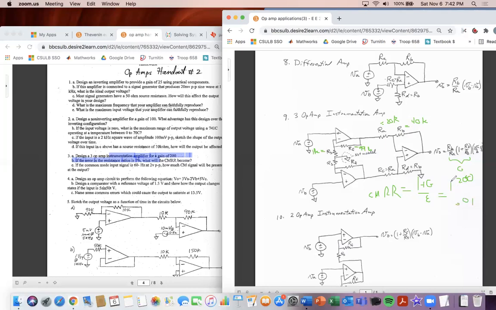And then 1 plus the gain, which is 200 in this instance. So 1 plus 200 is 201 divided by 0.01. I got, when I did that, remember, CMRR is in decibels.